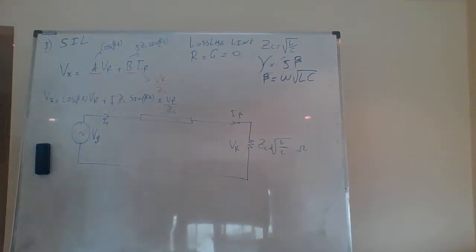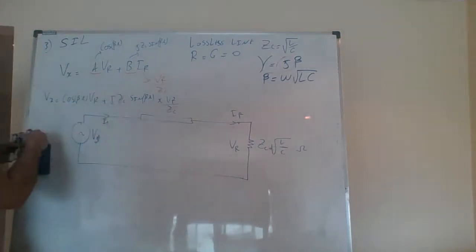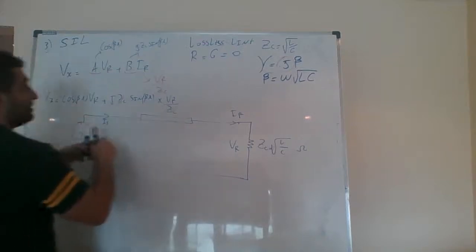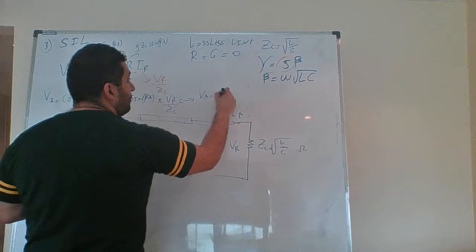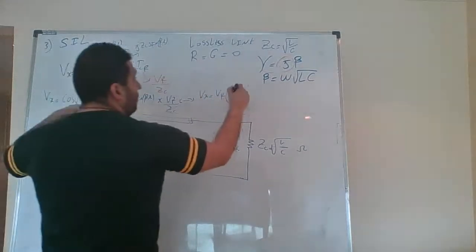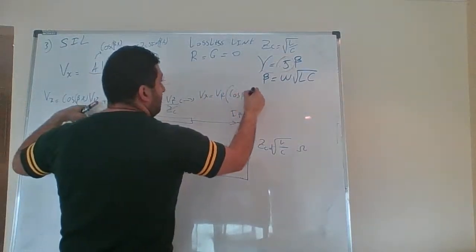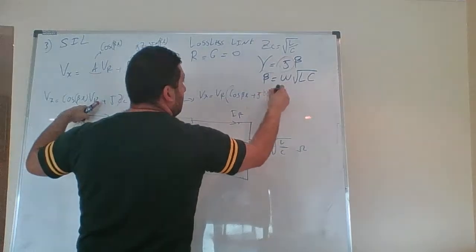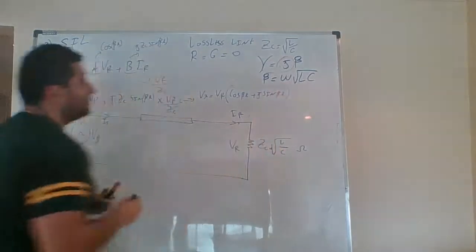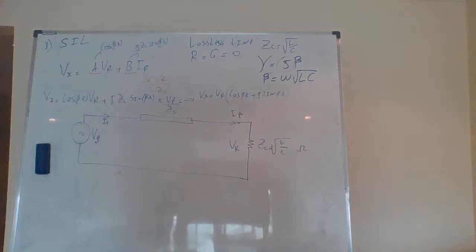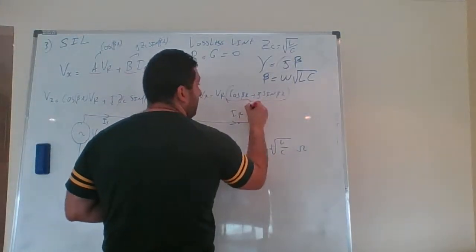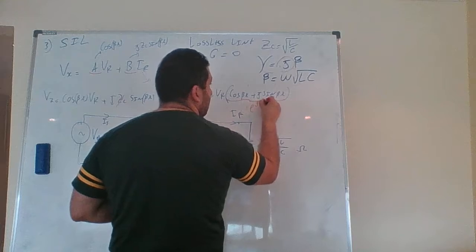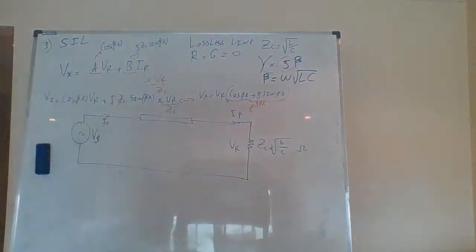So look, based on this information, what do I have? VR, I'll take on the outside. So Vx is equal to VR times cosine beta x plus j sine beta x for a lossless transmission line. Guys, this value is a complex number, e to the j beta x. It only represents an angle.